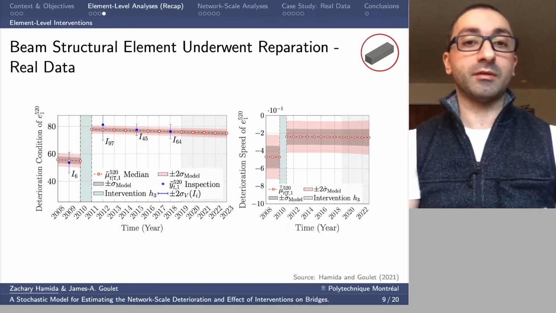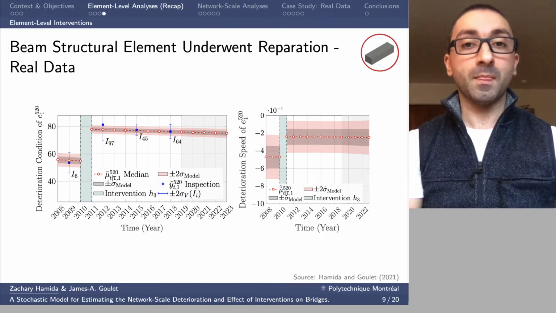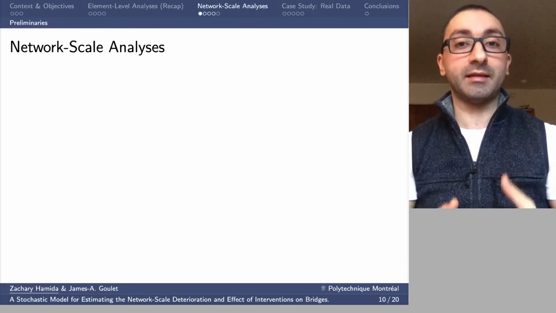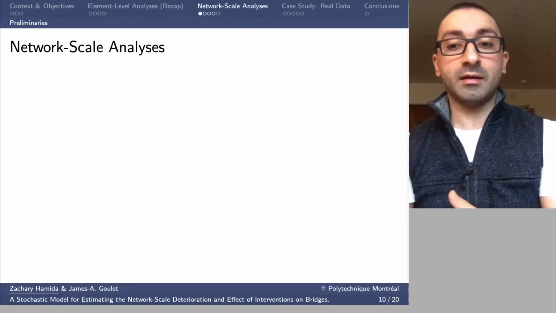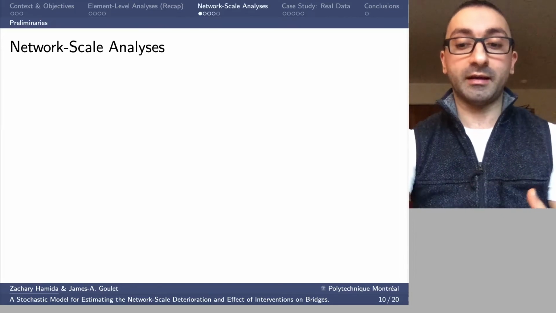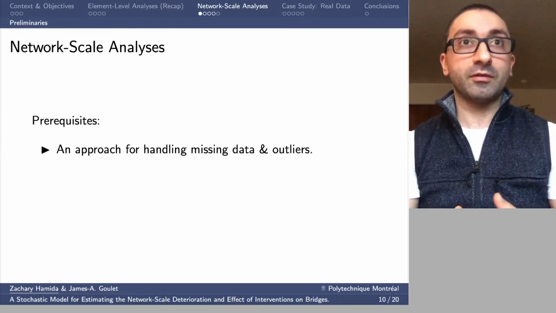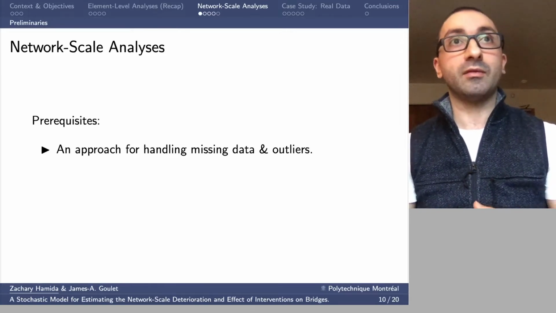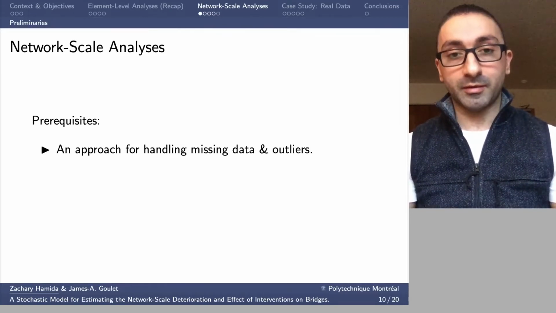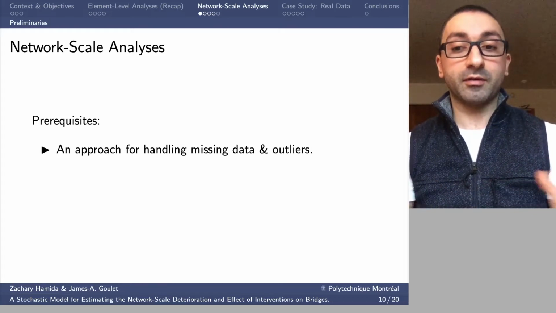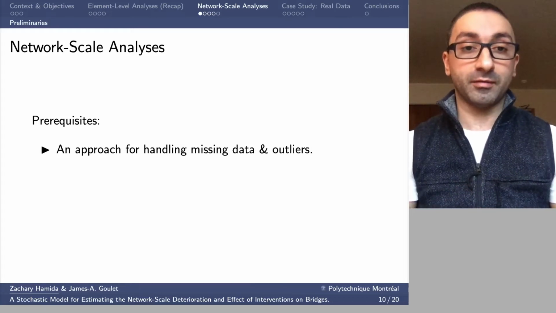So all of this has been done earlier, but the application was limited to an element level. Right now, what we're going to see is how we can take this to a network scale application or network scale analysis. In order to do so, first, when we are talking about a network scale, we are dealing with a large amount of data, so hundreds of thousands of structural elements and millions of inspections.